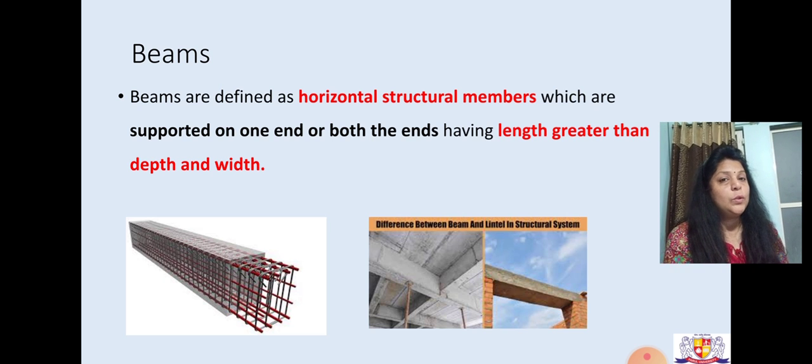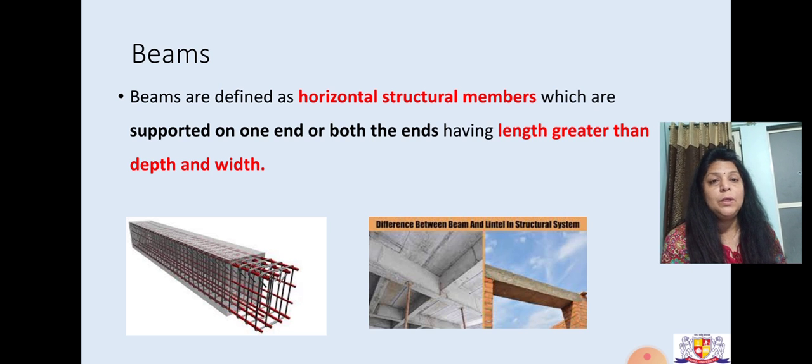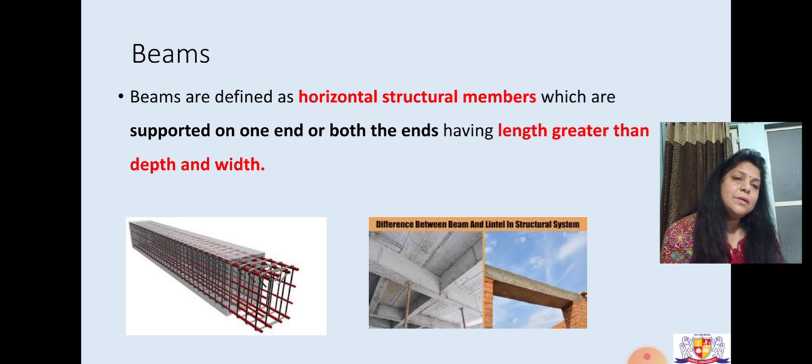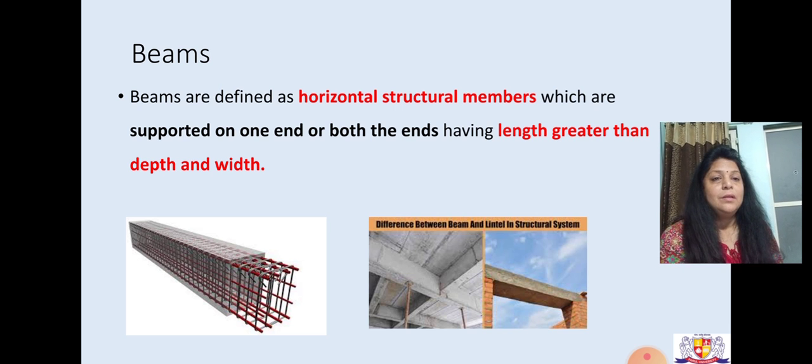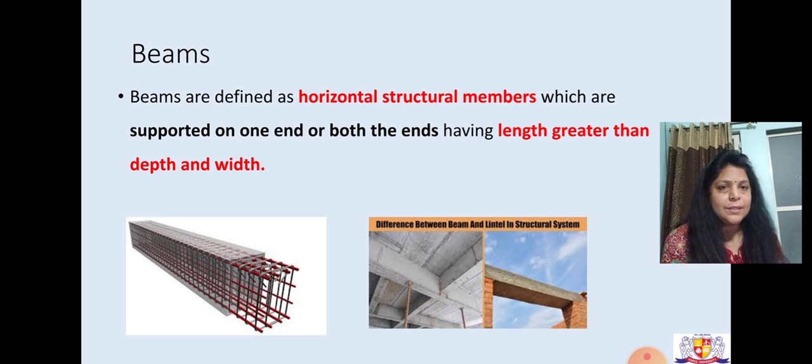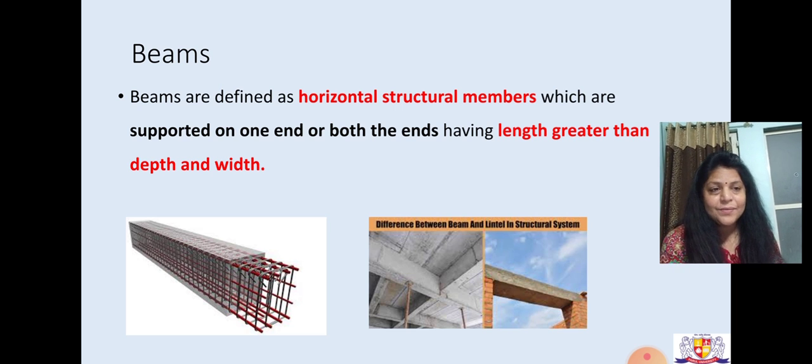Now if I want to define a beam, there are important points to be noted in this particular case. First, beam is a horizontal member. Number two, its one end or both the ends are supported.